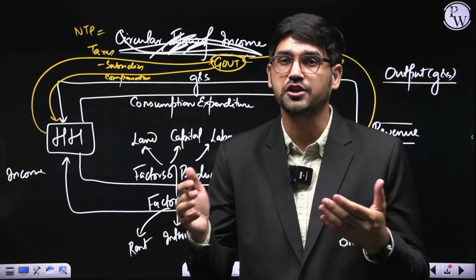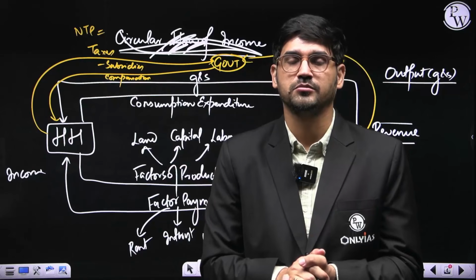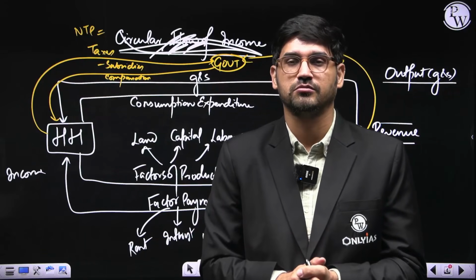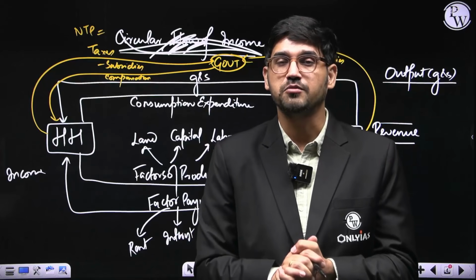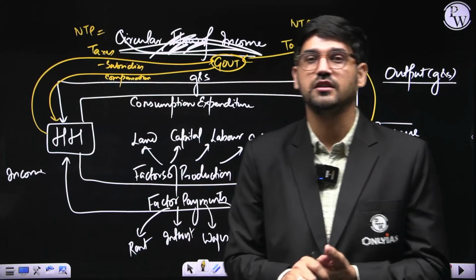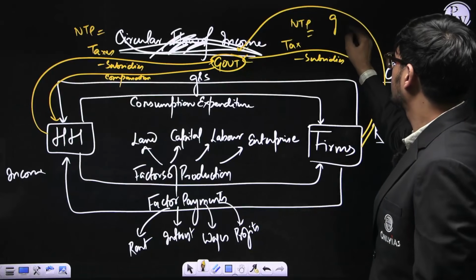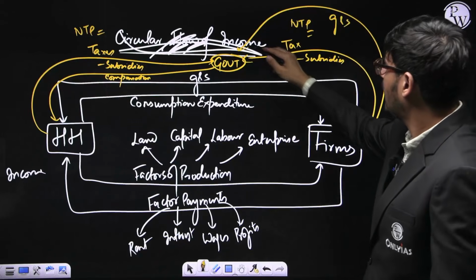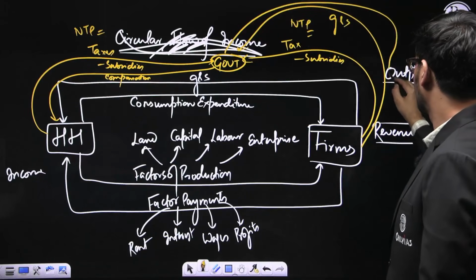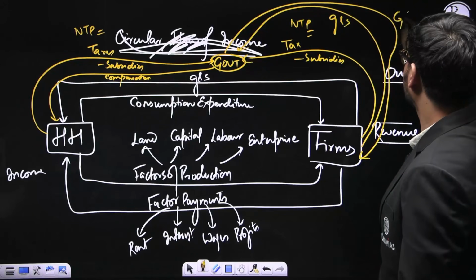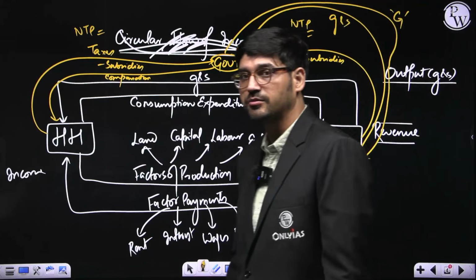In addition to the people who work there. How many of these items are produced by the government itself? The answer is none. Which means for public provisioning, the government will buy goods and services from the firms and in lieu of this will make an expenditure to the firms. This expenditure is going to be called government's expenditure.